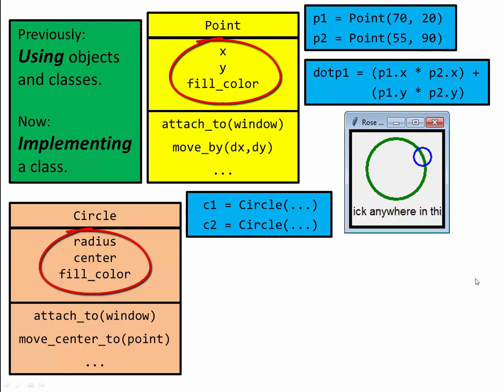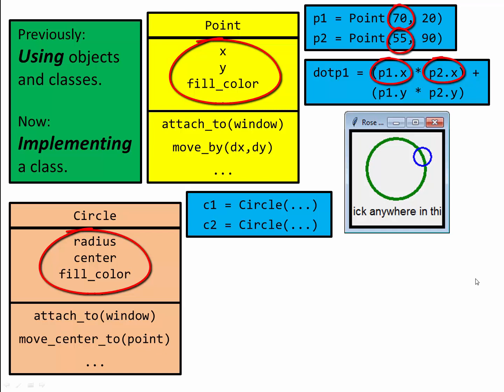So in this example, p1.x is the notation to refer to p1's instance variable x, which has the value 70, and p2.x is the notation to refer to p2's instance variable x, which has the value 55.